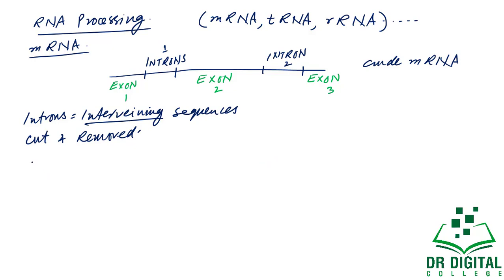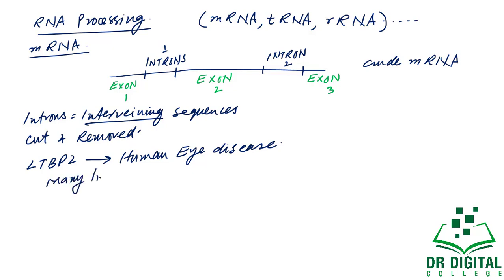There is a gene called LTBP2. This is related with human eye diseases. It has many introns. You could say several tens of introns are there in it.